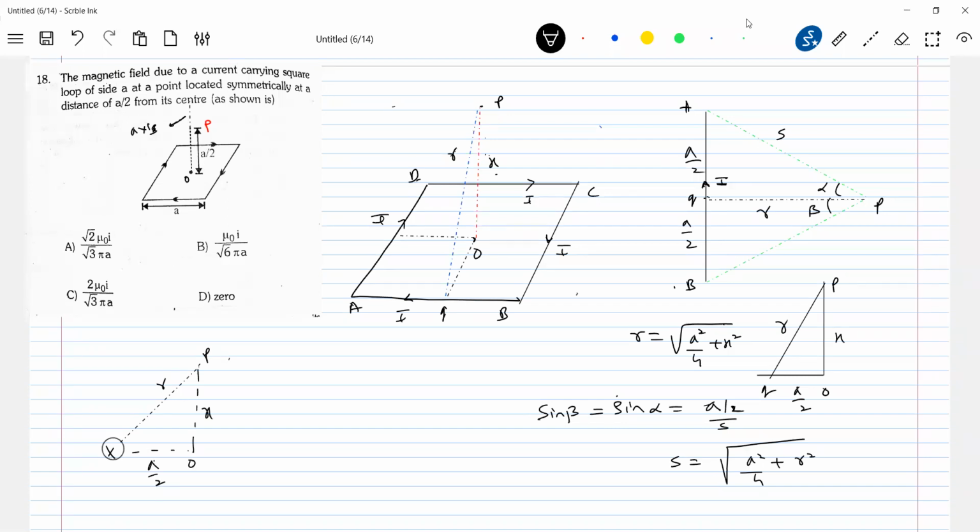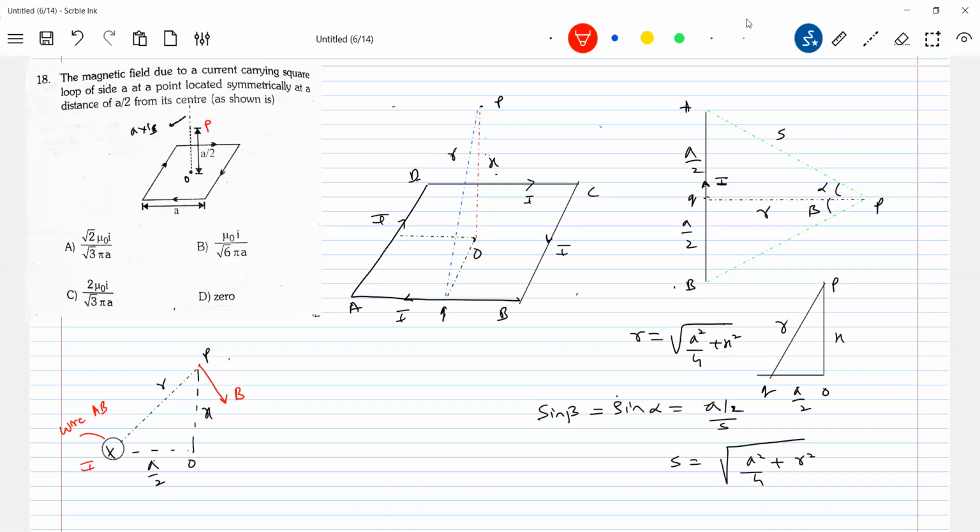This is X. So how should the field due to this be downward? This is due to wire AB. Check it now. So this will be the case. So you call this B.